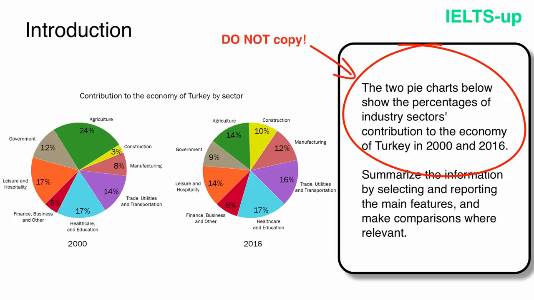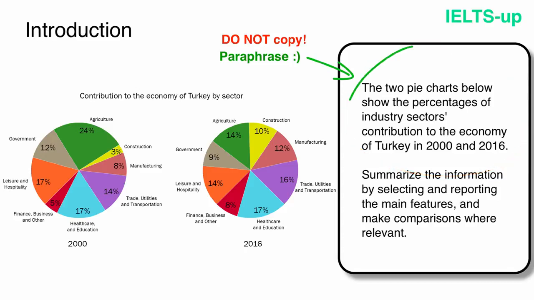Such writing will receive a low score, so don't do that. Instead of writing, the 2 pie charts below show the percentages of industry sector's contribution to the economy of Turkey in 2000 and 2016, we should write a paraphrased version of this sentence by using synonyms.